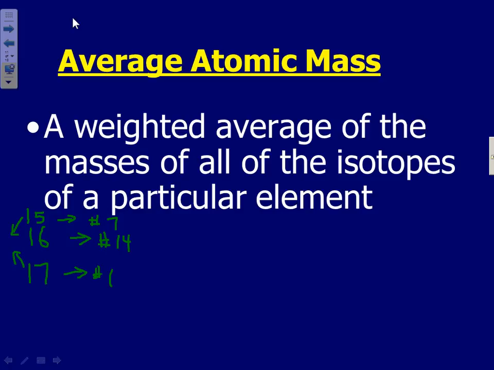If I take 15, 16, and 17, the average of the numbers would be 16. But that's not necessarily the average age. That's not the weighted average, because I didn't take into account the number of 15-year-olds, the number of 16-year-olds, and the number of 17-year-olds. Let's figure out the fraction.